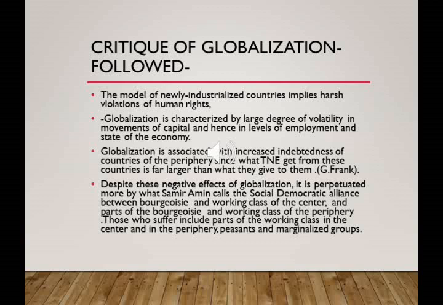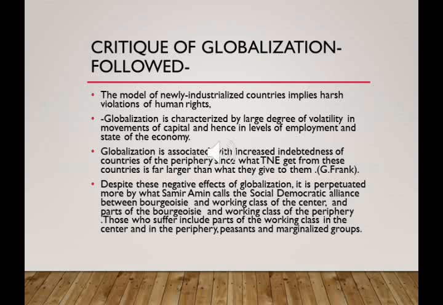And there is also a sort of political arrangement under which this kind of relations continues. Samir Amin called this a sort of social democratic bargain, by which certain sections of the dominant class and the working class in developed countries benefit from this kind of globalization, sharing the benefits with certain sections of the bourgeoisie and the working class in developing countries.